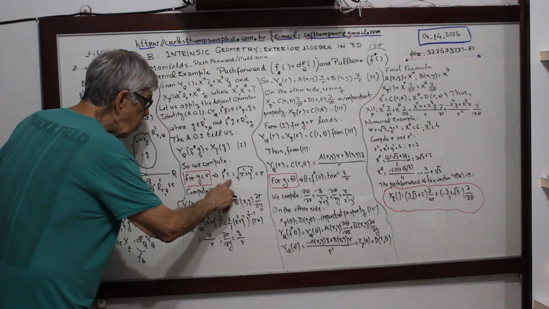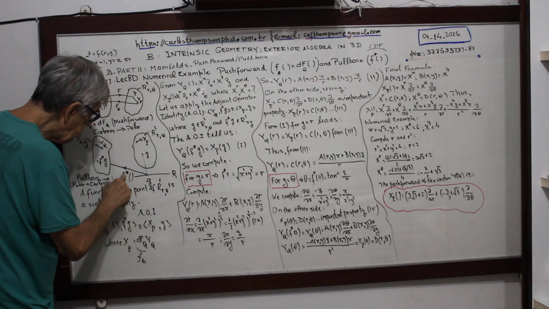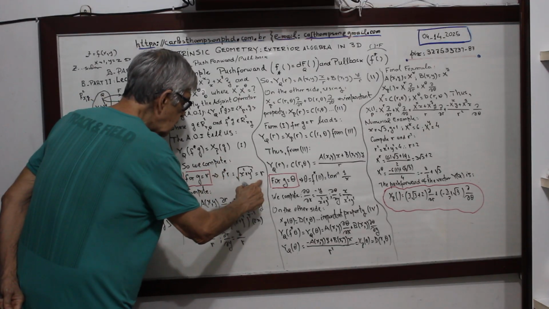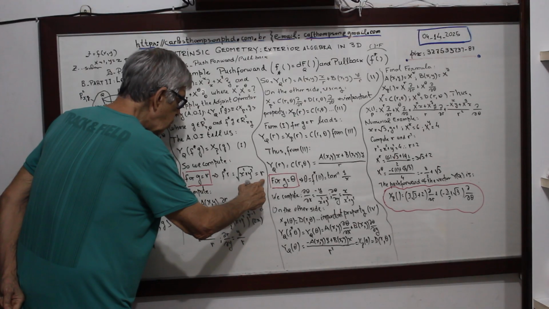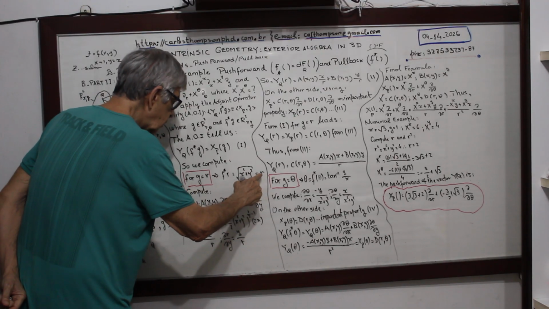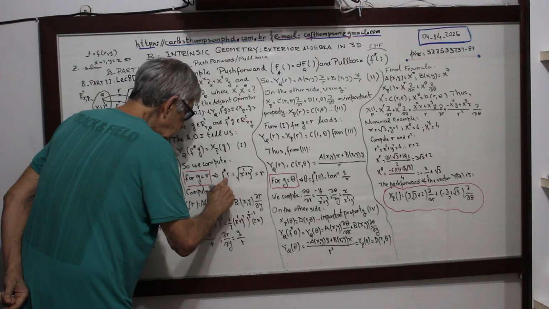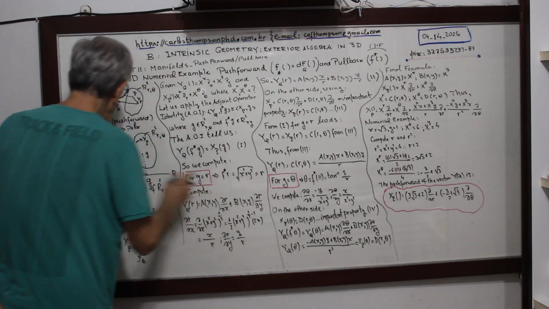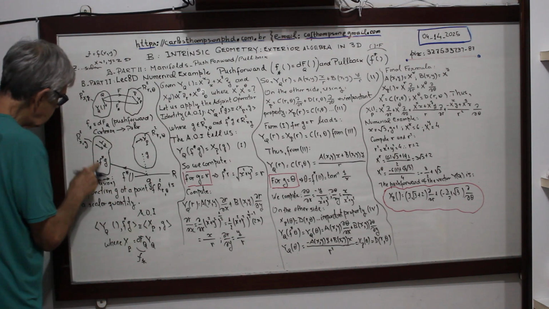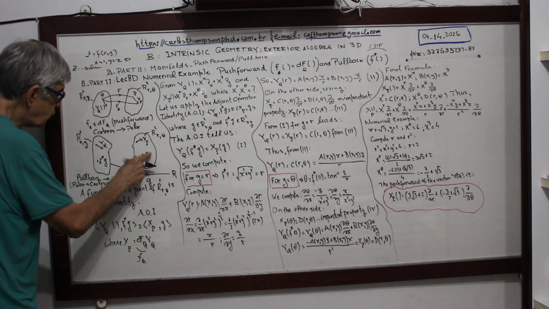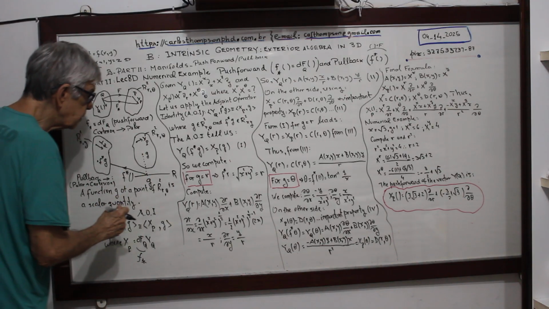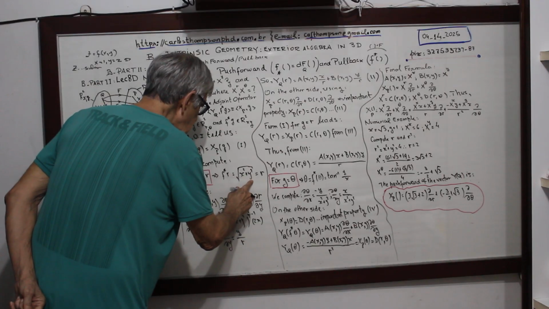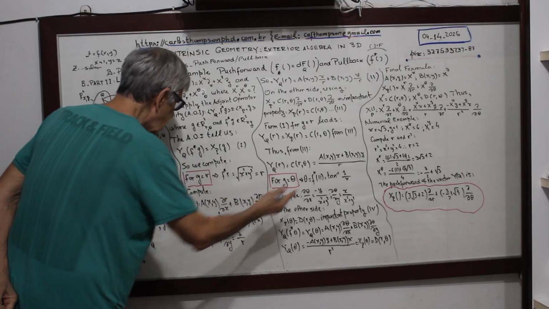So the pullback of r is just r here. This pullback belongs to the Cartesian coordinate, while g belongs to the polar coordinate. So this is the square root of x squared plus y squared, which is r.